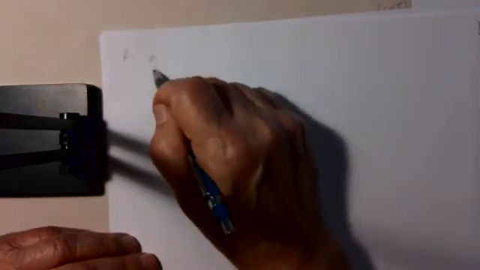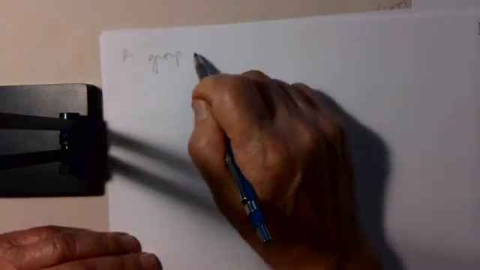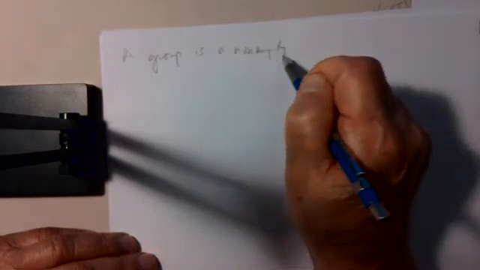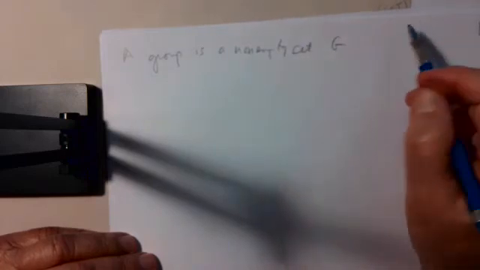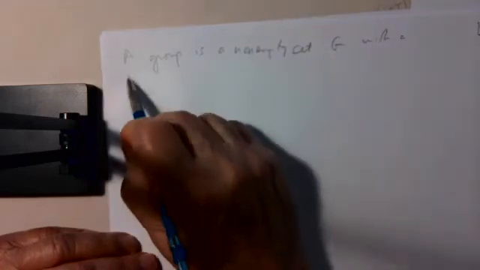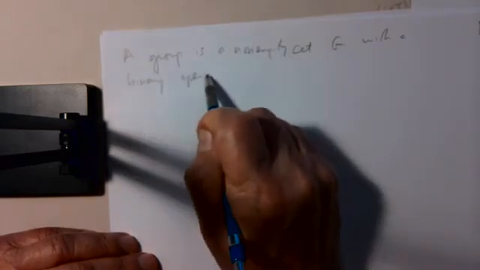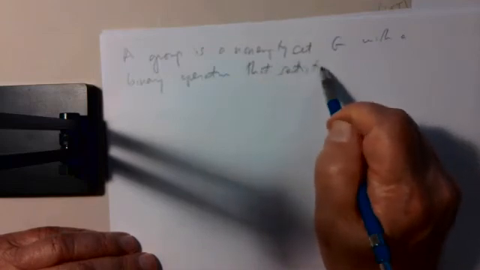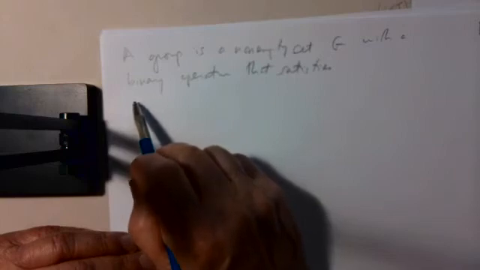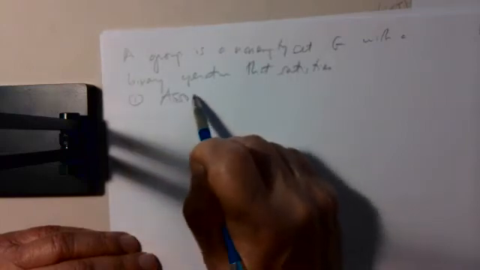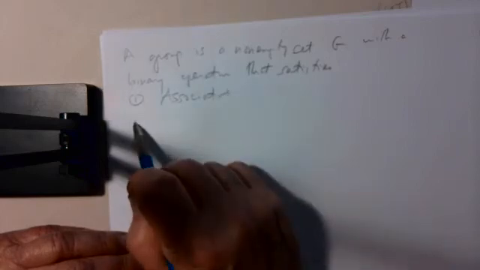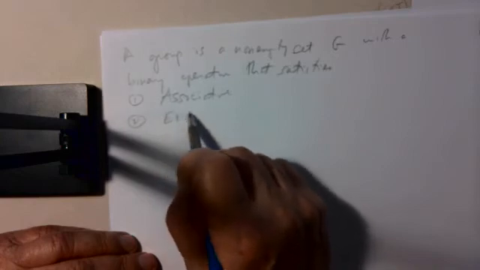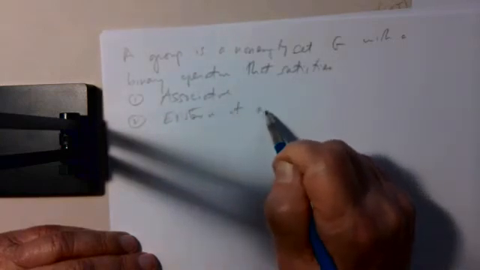So what is called a group is a non-empty set G with a binary operation that satisfies these three properties. One, it's associative. Two, the existence of an identity.